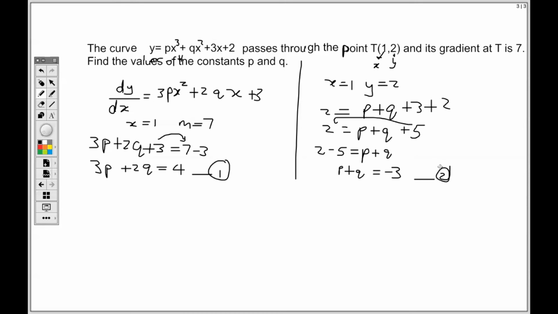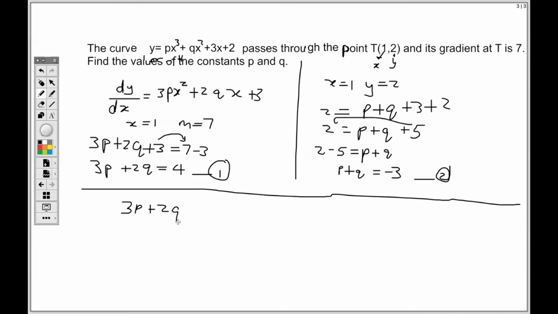So you're seeing that we can solve this simultaneously. Now you could use the substitution method, but my choice is to use the elimination method, but the substitution method could have been used. Now we have 3p plus 2q is equal to 4, and I have p plus q equals negative 3. I will be making p be the same by multiplying equation 2 by 3.